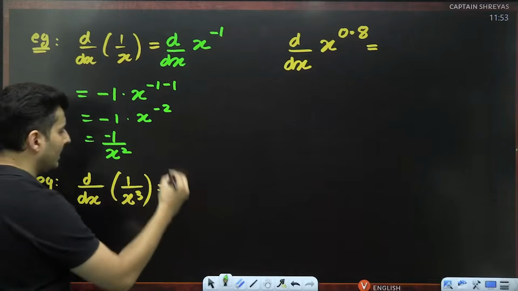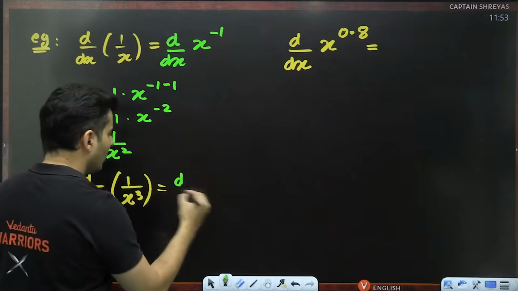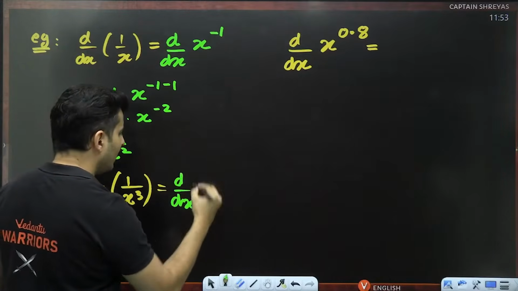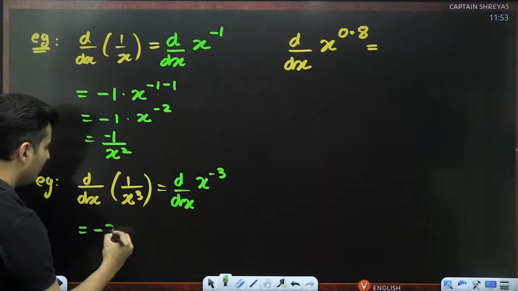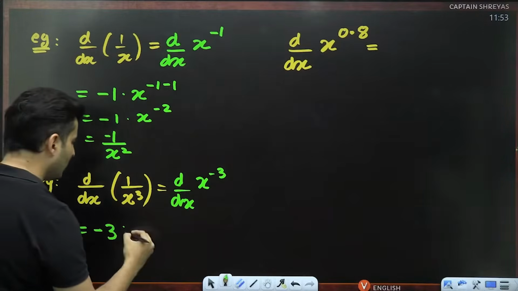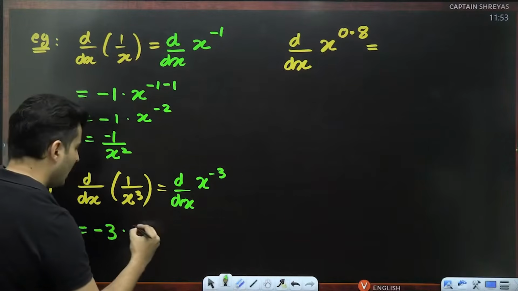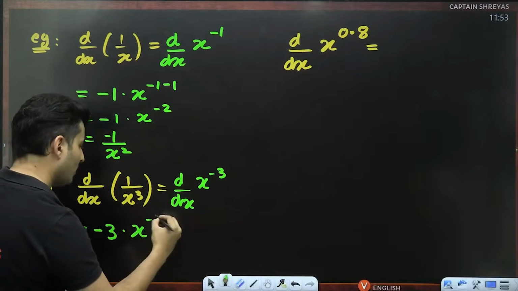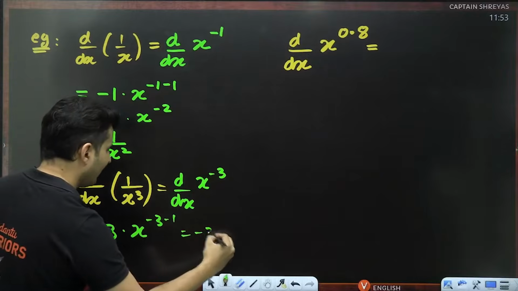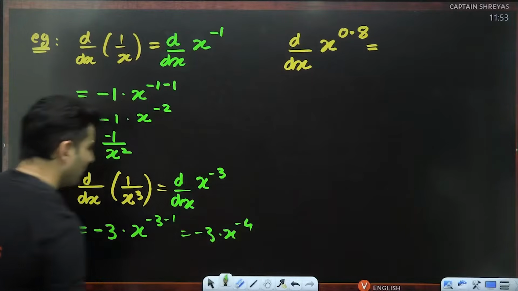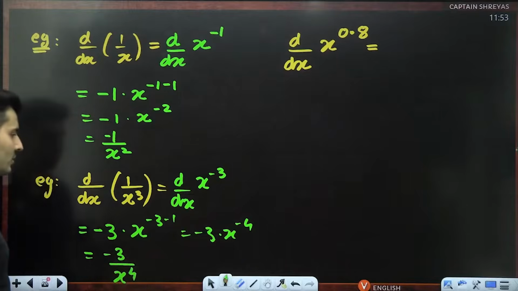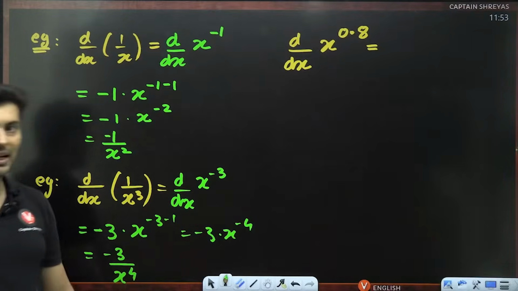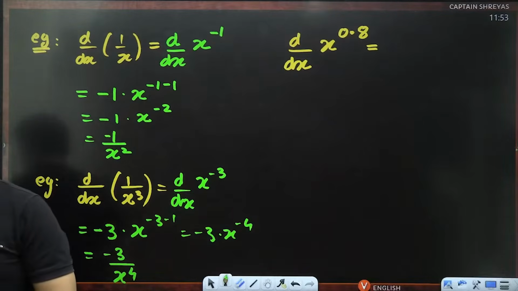How about this? Bring that cube on the top. So it will become derivative of x raised to minus 3. This will become minus 3 into x raised to minus 3 minus 1, which is minus 3 into x raised to minus 4, which is as good as saying minus 3 divided by x raised to 4. Is that clear?